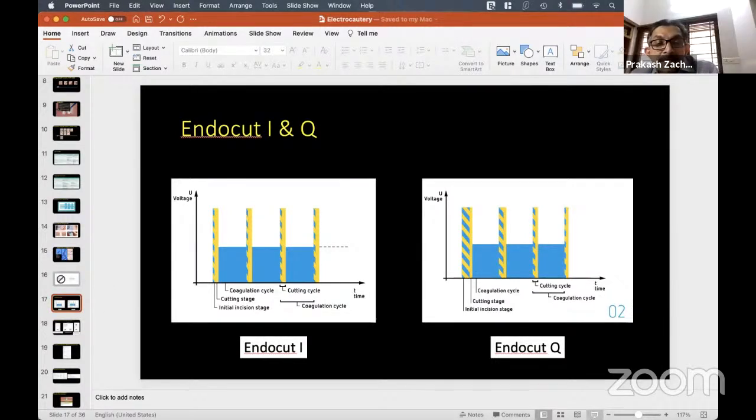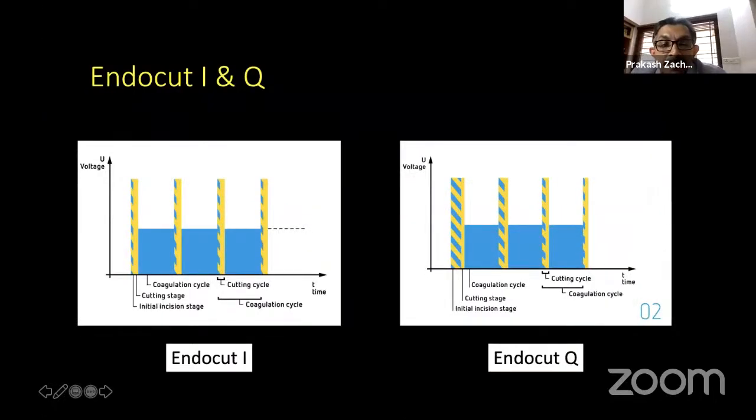So the endocut I and endocut Q. Both the endocuts have got an interval between the cut. This is the time where the coagulation cycle happens. In the endocut I, the initial cutting has got a short coagulation with the incision.